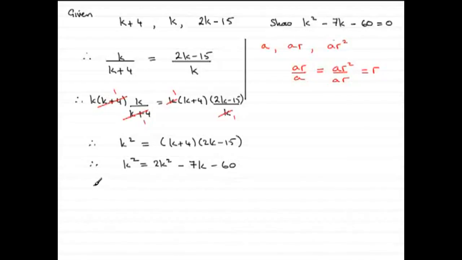And if I subtract k squared from both sides, then I'm going to get 2k squared minus k squared leaves me with k squared, and then we've got minus 7k minus 60, and that will equal 0. And that's what we had to show.